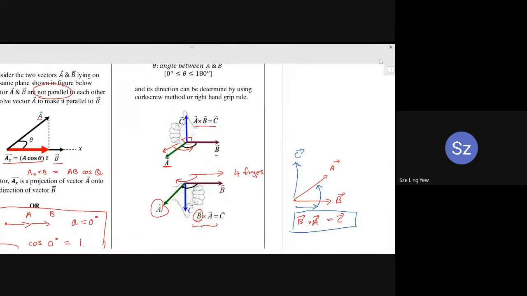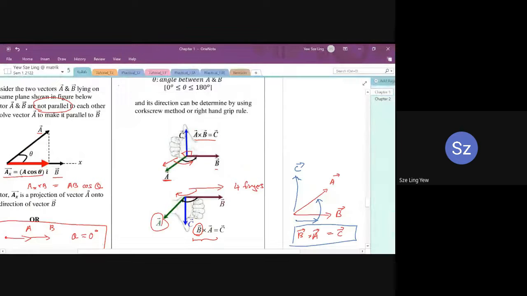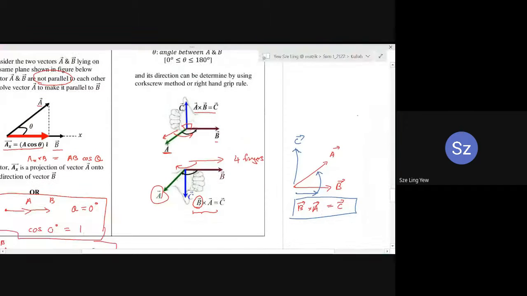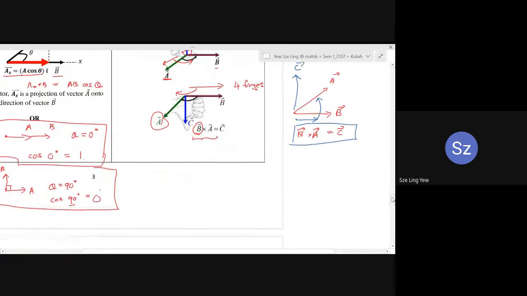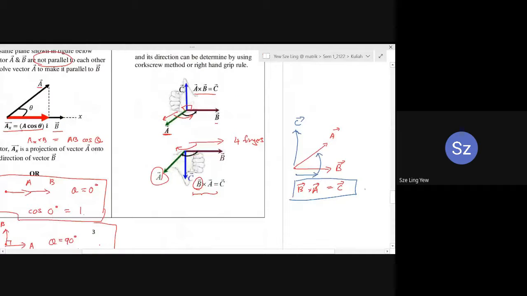Okay, C pointing upwards. So this one, you try it until you can get the direction of C, because it's very hard to show you on a screen. You have to try it until you get these 3 results. So one is going up, one is going down, and then when you change the position of A, you get C going up again, right?